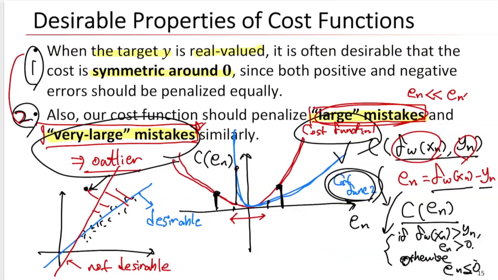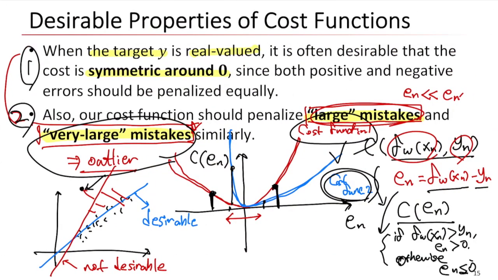So there are two desirable properties. The first one is symmetry around 0, because both positive and negative errors should be penalized equally.